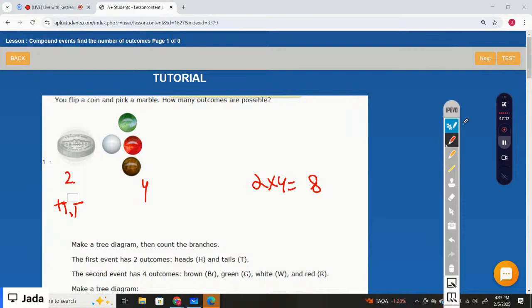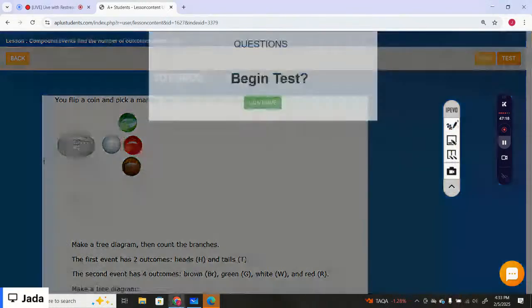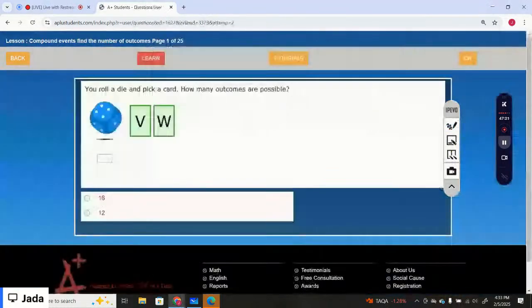Let's just start with the test questions. You roll a die and pick a card. How many outcomes are possible?